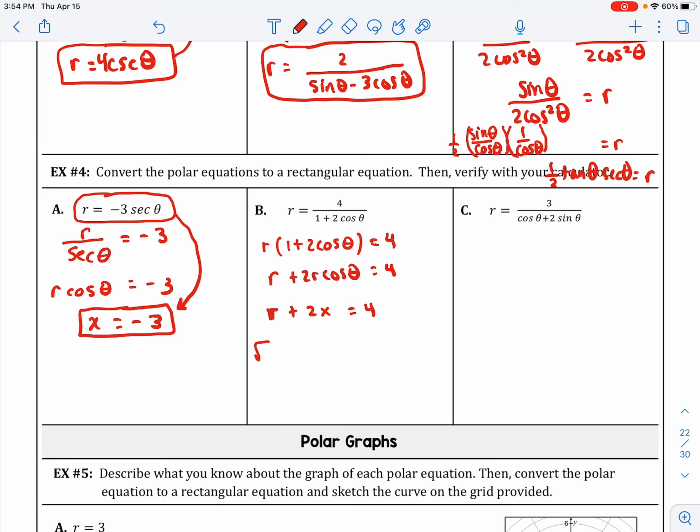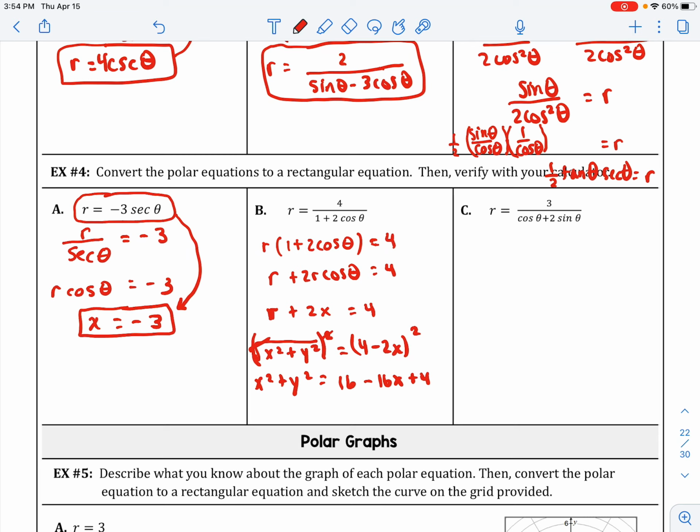And then what you want to do with this r is put in the square root of x squared plus y squared, and move my 2x over. Now you want to get that square root out of here, so you're going to square both sides. The square root and the square go away, so I'm left with x squared plus y squared.